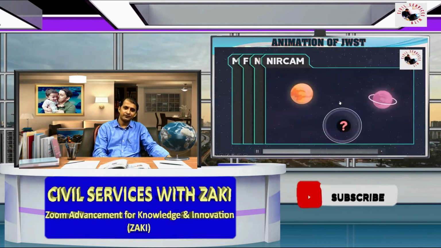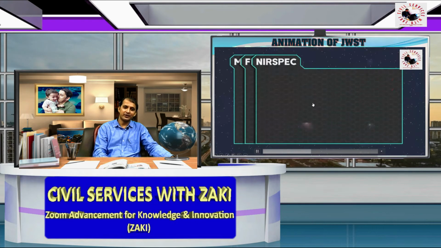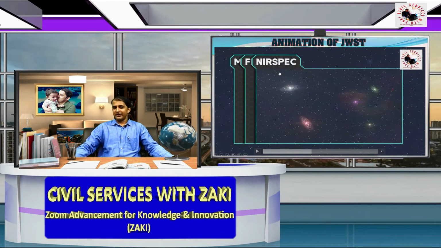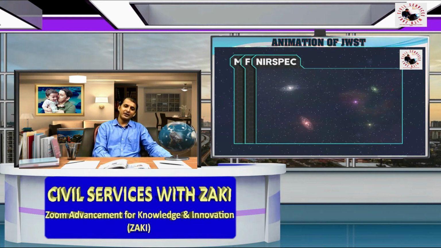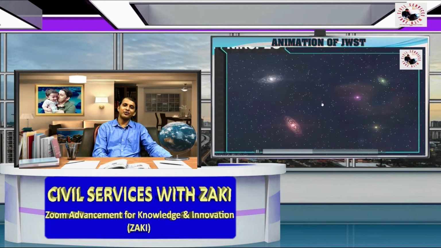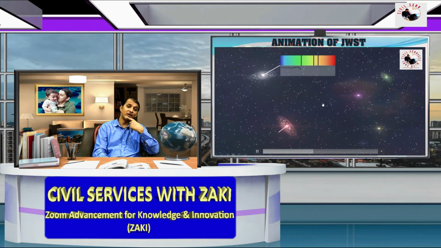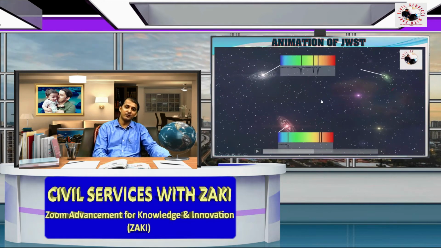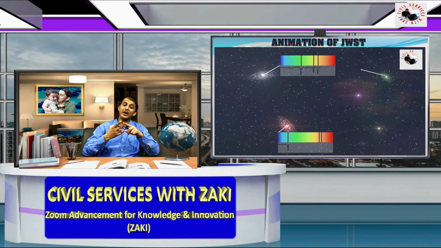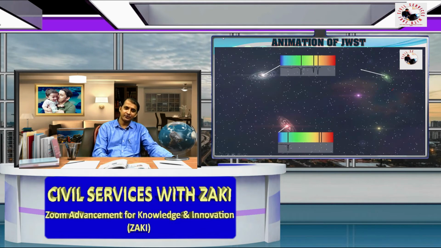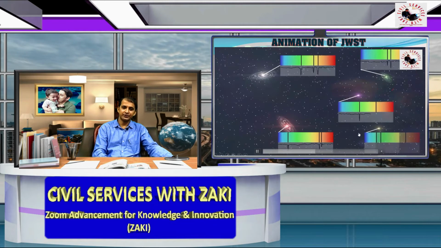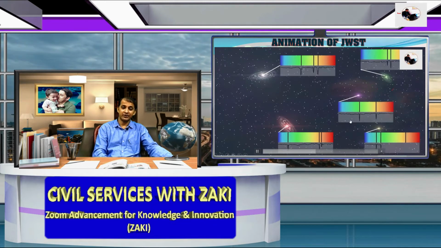Another is the near infrared spectrograph, and it is basically used for the spectrum and for the composition of the exoplanet or space object: mass, temperature, chemical composition, etc.